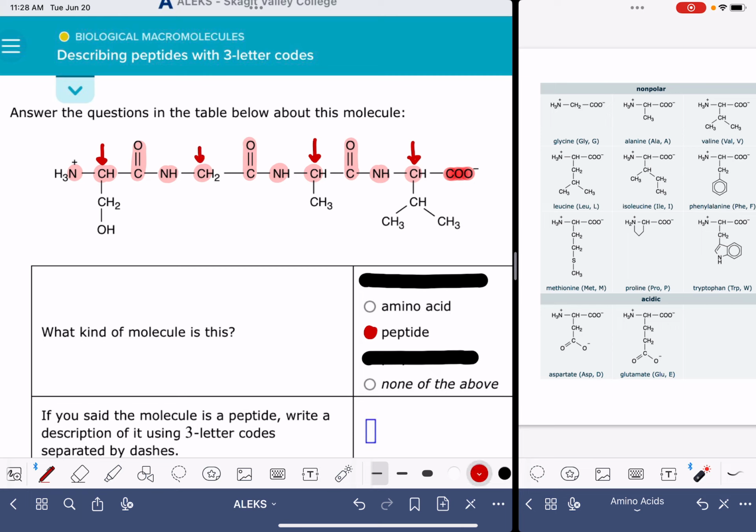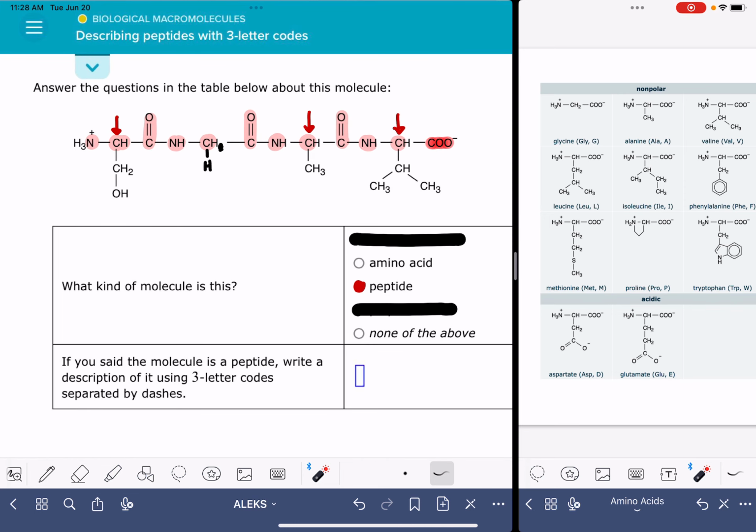It does not actually break the pattern. ALEKS is writing it in notation that's maybe a little bit difficult to interpret. But if I wrote one of those hydrogens sticking in the down position instead of CH2, then we're now following the pattern. A CH, C double bond O, NH, CH, C double bond O, NH, CH, C double bond oxygen.